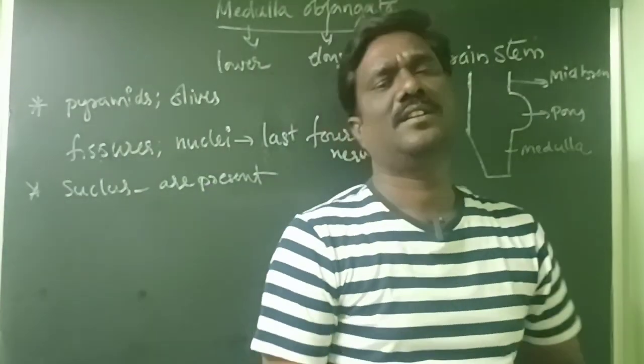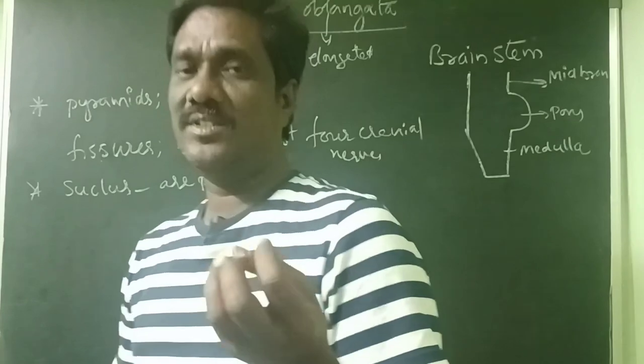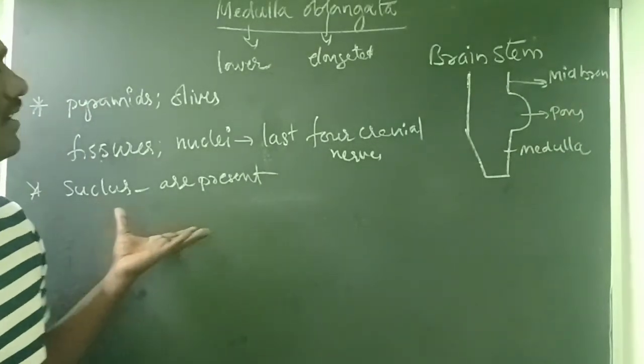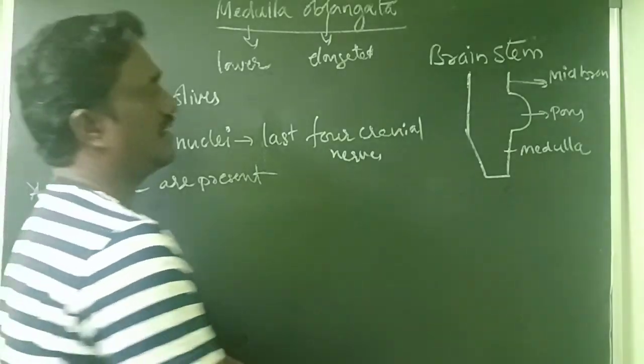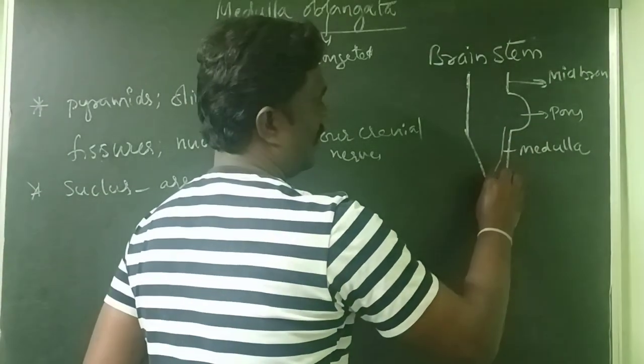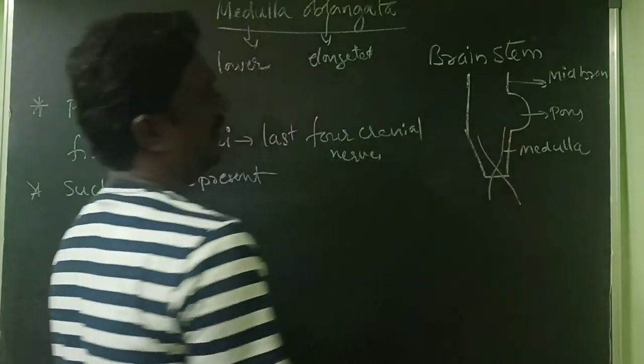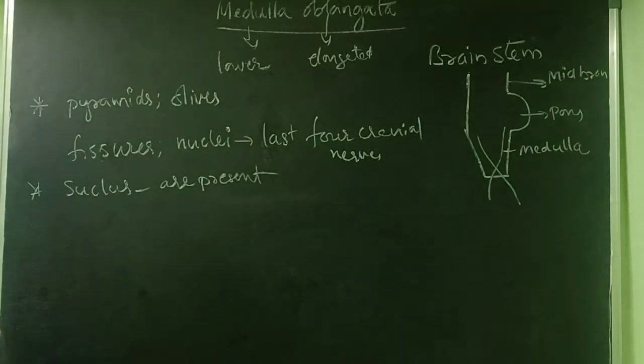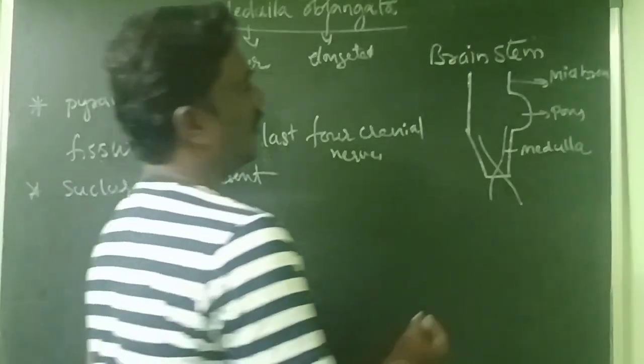Next, there are bundles of nerve fibers. They cross each other at the lower part of the medulla oblongata. Those peduncles cross over to the opposite side.